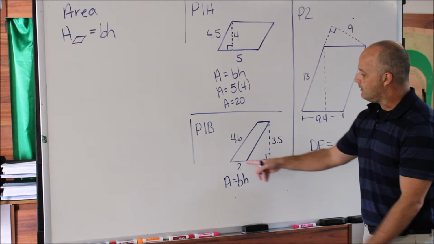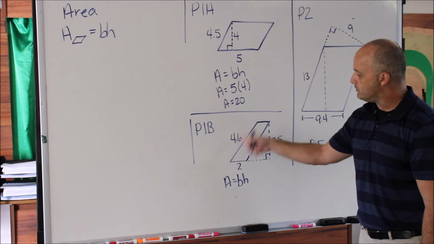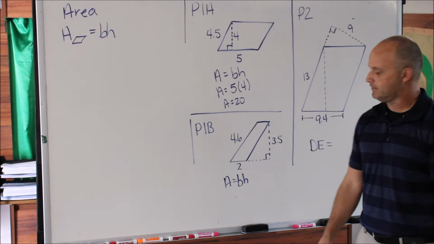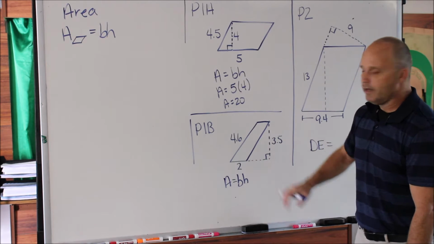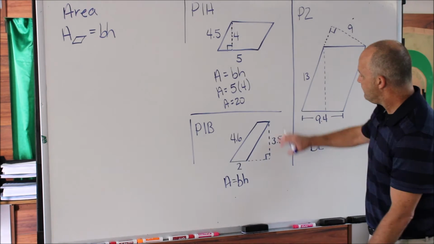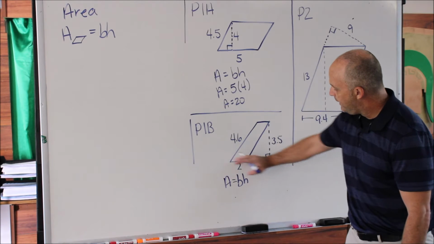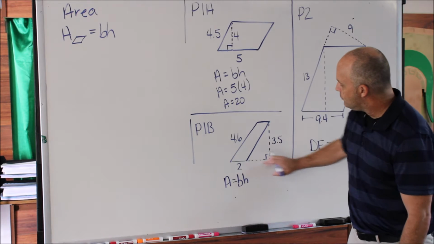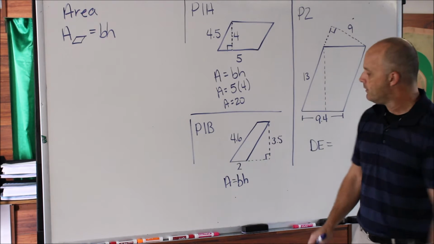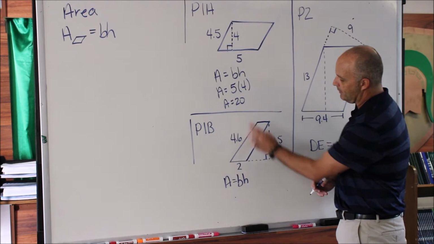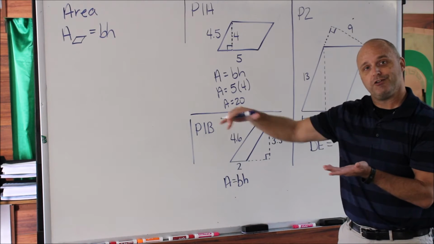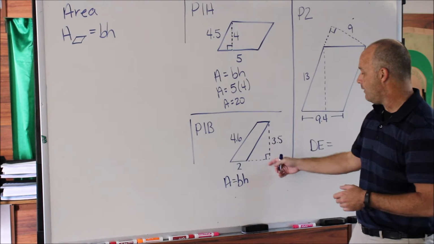So take a look at this. You're given this side, which is one base, and then this side, which is another base. Well, which one has the associated altitude with it? We can see that this altitude is perpendicular to this base. Since these two lines are perpendicular to each other, and notice that they're not inside of the parallelogram, you actually have to draw auxiliary lines to be able to find the altitude on this.